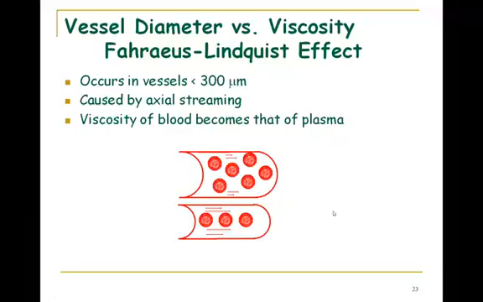You might think, wow, with these small vessels we might have a problem with flow. What they believe is that this effect may play a role in decreasing resistance to flow in these smaller vessels. However, this Fåhræus-Lindqvist effect does not involve capillaries, which are definitely less than 300 micrometers.